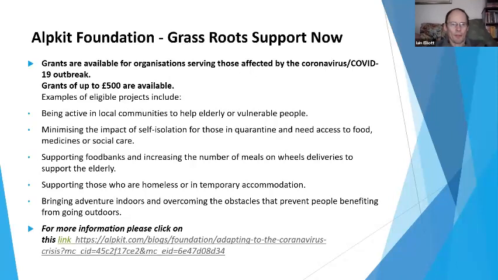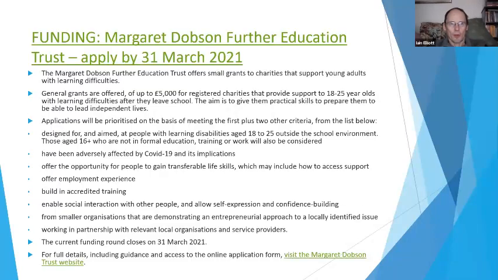They've given some examples of things they will fund, like being active in local communities to help elderly or vulnerable people, minimising the impact of social isolation for those in quarantine, and those who need access to food, medicines or social care. Again, I'll circulate the slides as well, and there's a link where you can get more information.